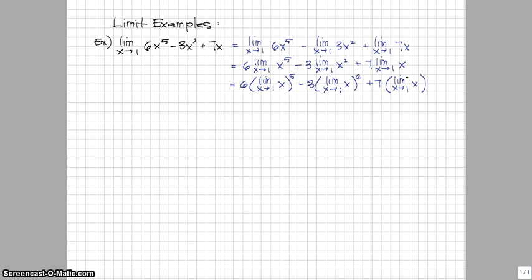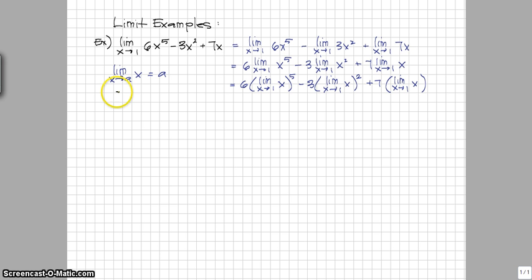So a property or a basic limit, I guess, that we should be familiar with is the limit as x approaches a of x is equal to a. This is a theorem usually given near the beginning of any chapter on limits, without formal proof at this point, we're still dealing with informal understanding of limits in general.